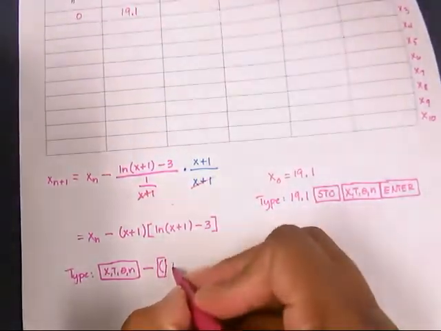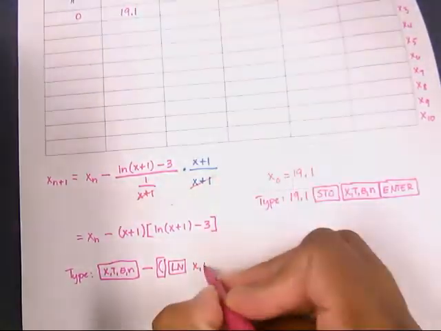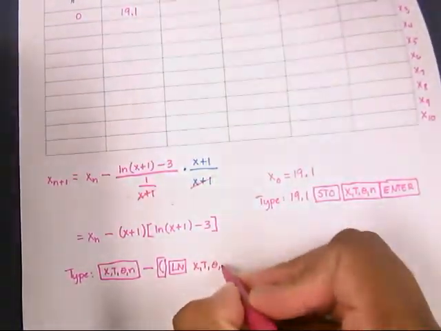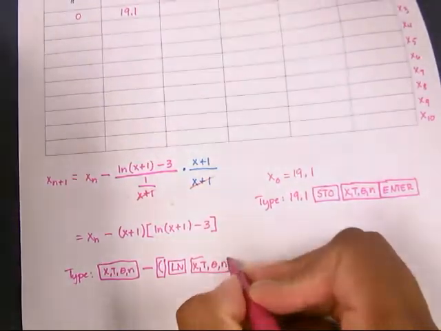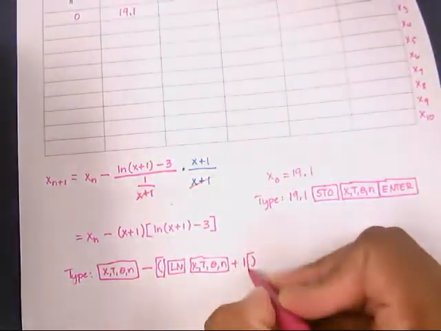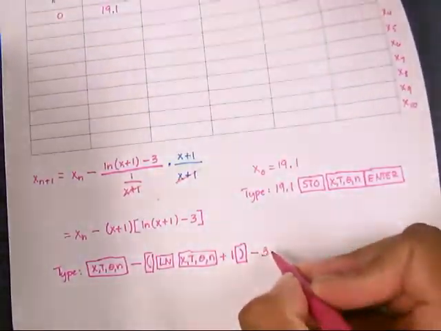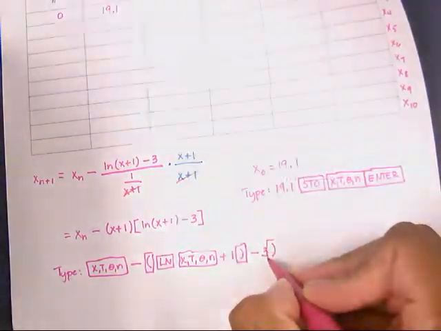Okay, this is what I did. I pressed the ln key, and then X,T,theta,n for the x, plus 1, and then close the parentheses. And then minus 3, and then close the parentheses there.